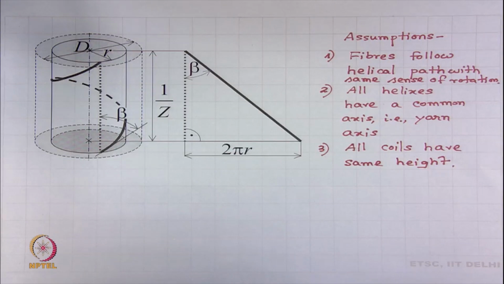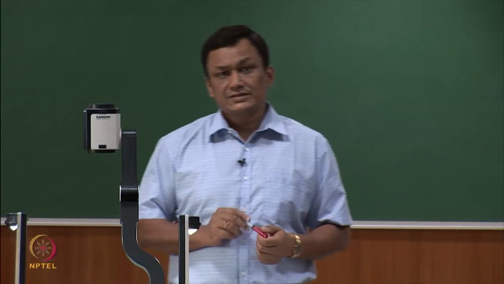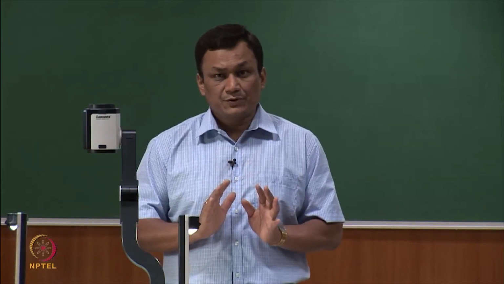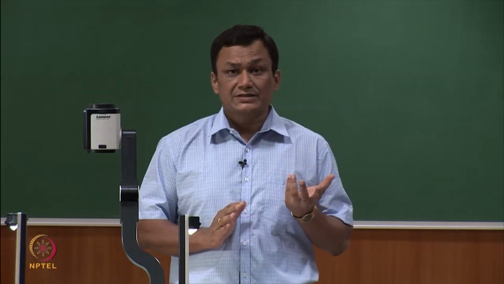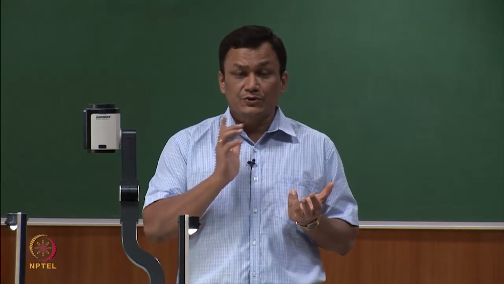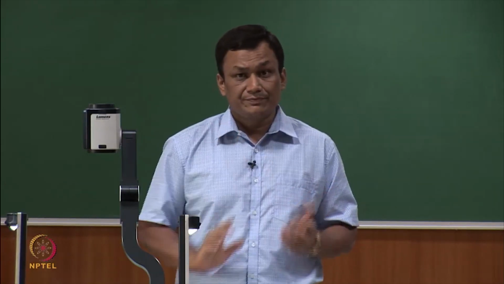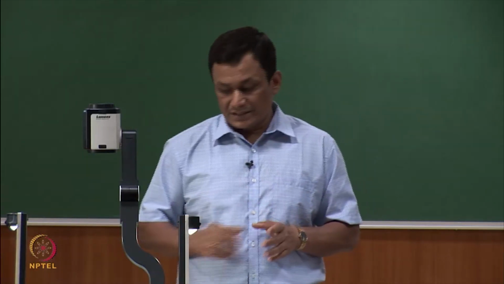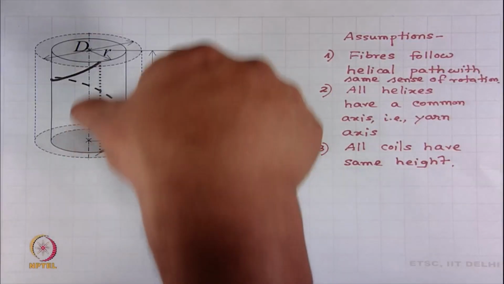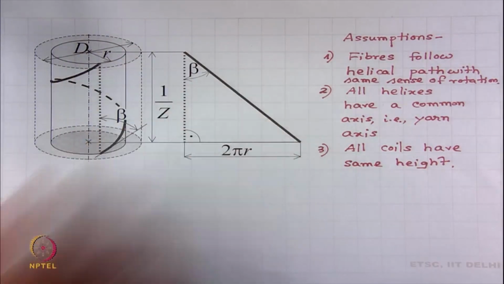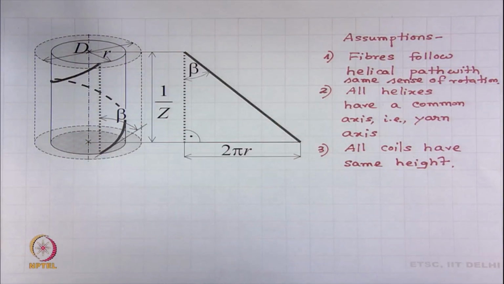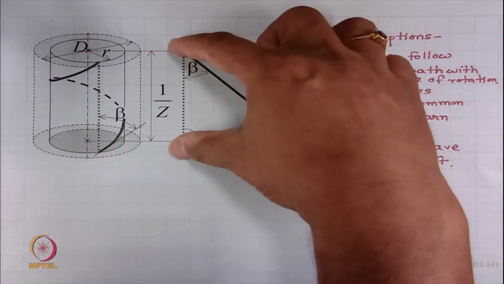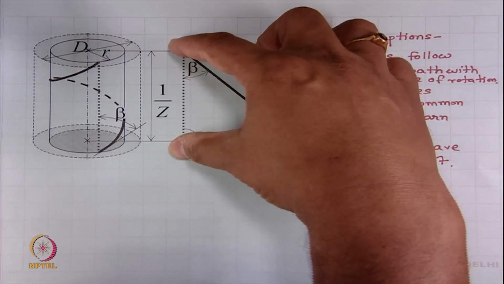So, as I told you, the helical model is based on 4 assumptions. The first 3 are very general assumptions. First assumption, fibers follow a helical path inside the yarn structure with the same sense of rotation. So, the direction of rotation is the same. Second, all helices have a common axis, that is your yarn axis. Third, all helices have a common height. Coil height is the same.